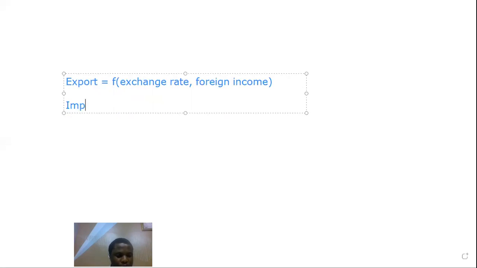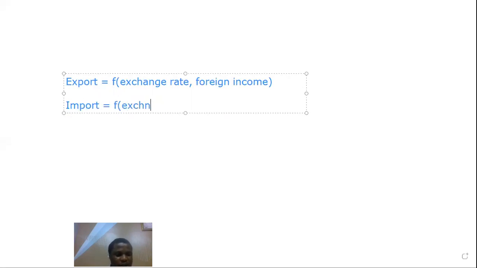For export, it is determined by one, exchange rate, and two, foreign income. Those are the two determinants of export. For import, what are the two determinants?